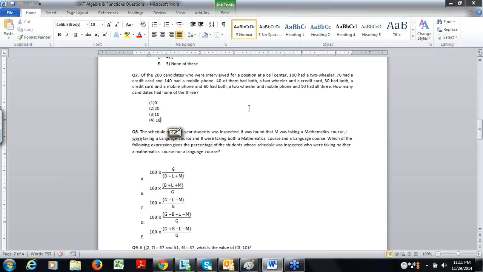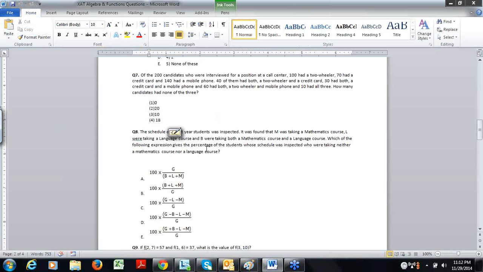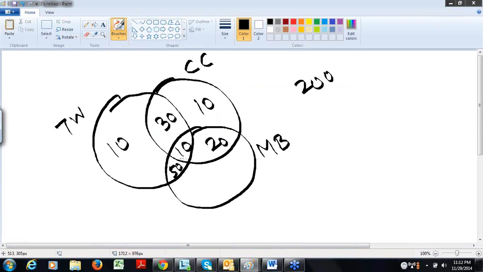Then 70 had a credit card and 140 had a mobile phone. So this is our set diagram. Two-wheeler is 100, this is 70, and this is 140.